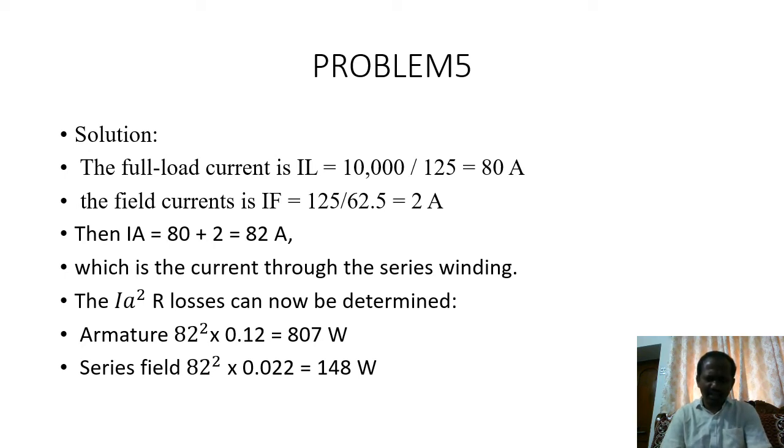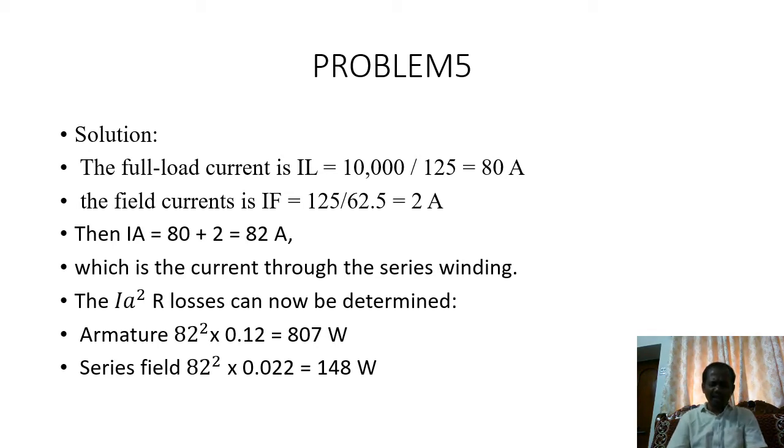Right. Next, the series field winding, which is connected in series with the armature. Isc square into Rsc. The series field resistance is very small. The series field current, which is equal to armature current Ia, 82 square into 0.022, is 148 watts.